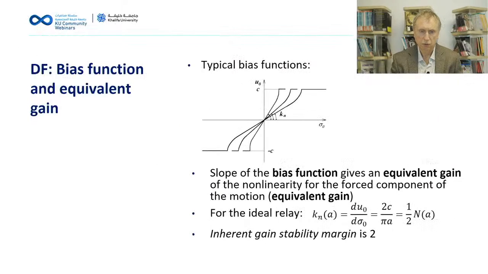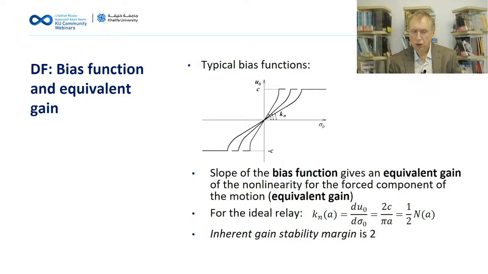So this is the equivalent gain. Here we have a certain family of the bias functions, drawn here for different values of the hysteresis in the system.